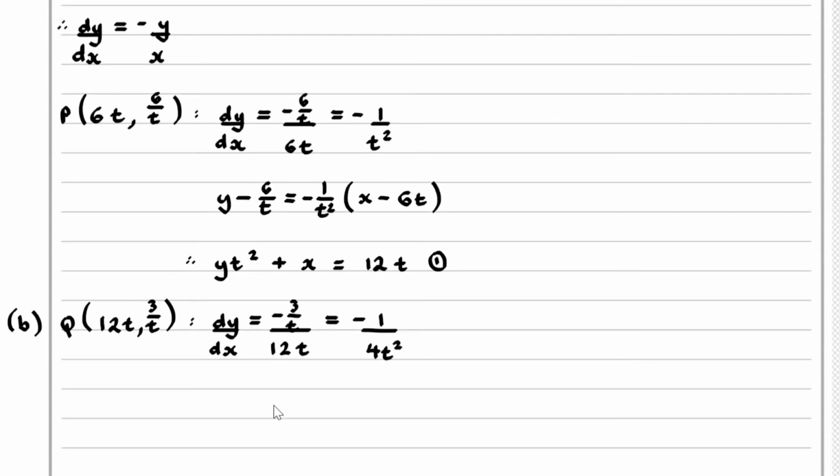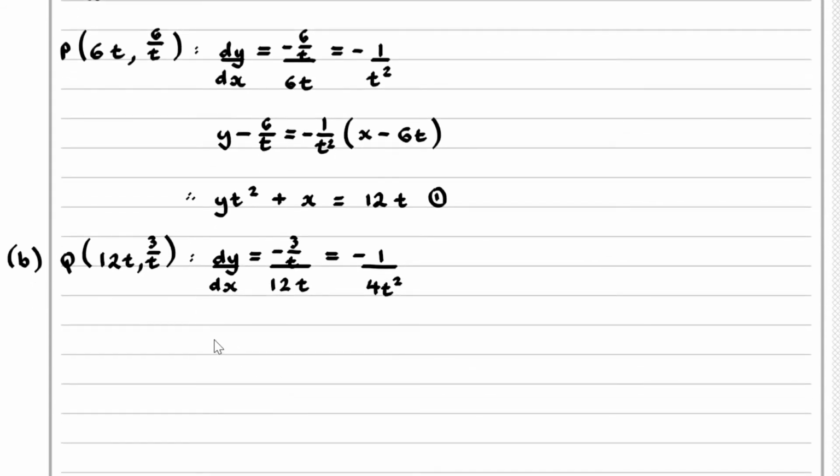So, for the equation of the tangent, we would have y minus 3 over t equals minus 1 over 4t squared multiplied by x minus 12t.